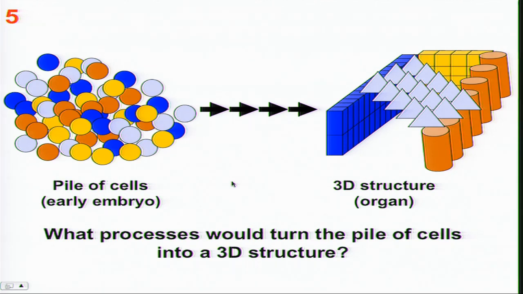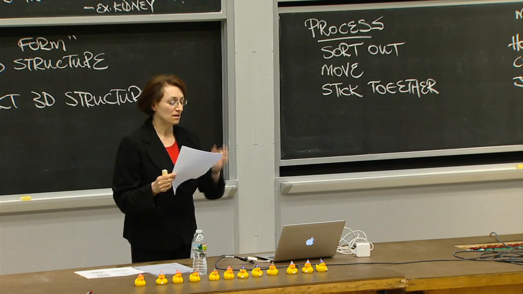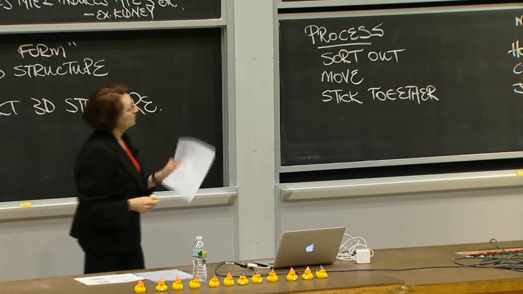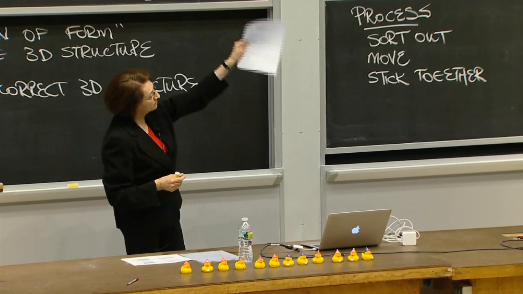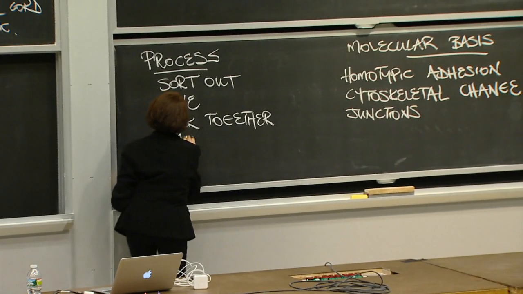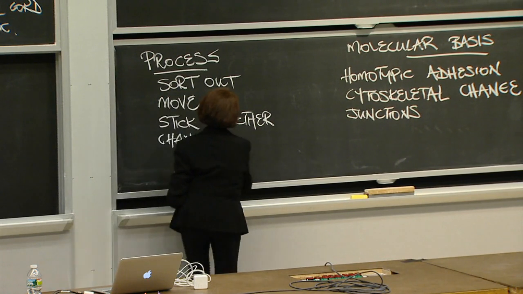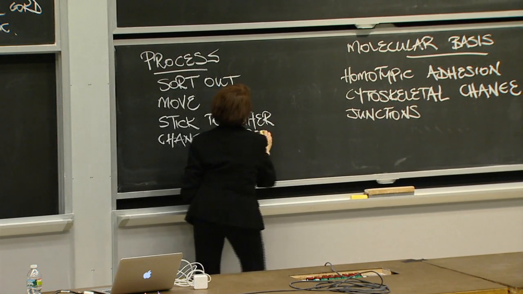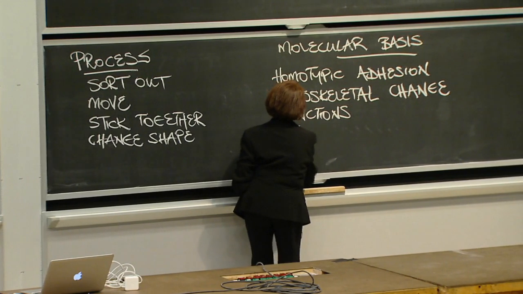And they do so because of cellular junctions, which are particular collections of proteins that cause cells to stick together, often in a really waterproof kind of way. The cells change shape. They've gone from balls to triangles to columns. And that is also driven by cytoskeletal changes.